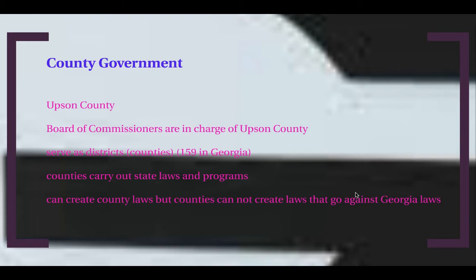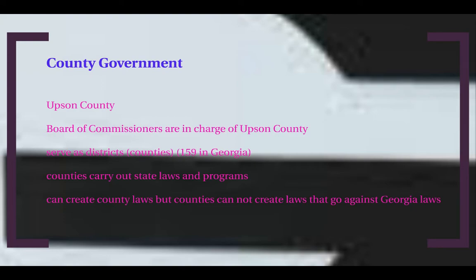Next, county government. We're going to look at Upson County. The Board of Commissioners are in charge of Upson County. Inside Upson County, equal to Upson County, we call ourselves districts or counties. And again, there's 159 counties in the state of Georgia.